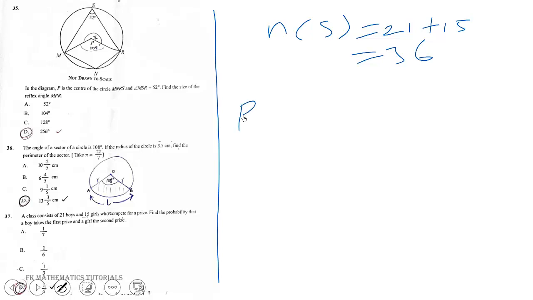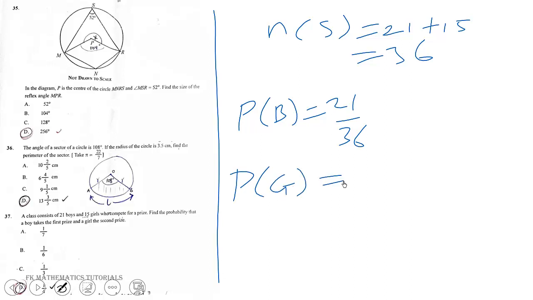Probability that a boy takes the first prize, probability of a boy is 21 over 36. The probability that a girl takes the second: now the sample space will reduce by 1, so it will be 15 over 36 minus 1, which is 35.